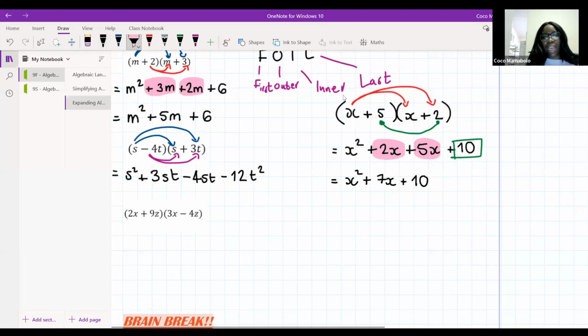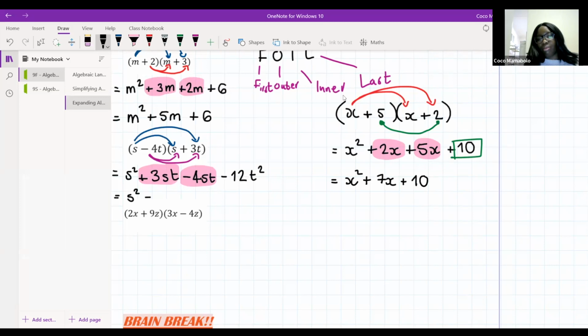We're not done, my sweetie. Add like terms for me. I've got 3st minus 4st. What's that going to give us? It'll be s squared. 3 minus 4. How much is 3 minus 4?